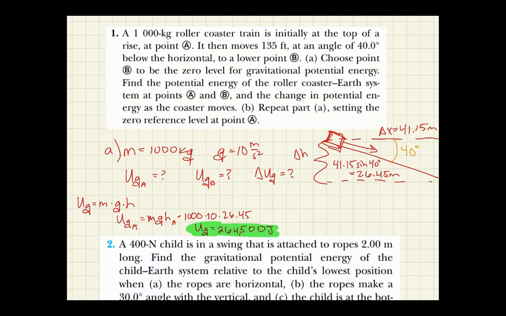At point B, we defined that as height 0, so the gravitational potential energy at B is also going to be 0 joules because you're multiplying by a height of 0. And then lastly, delta UG, the change in gravitational potential energy, would be UG final, or at B, minus UG initial at A. So that change is going to be negative 264,500 joules.